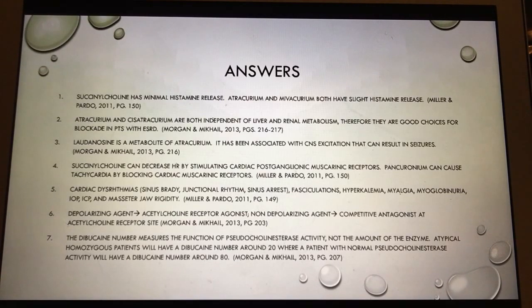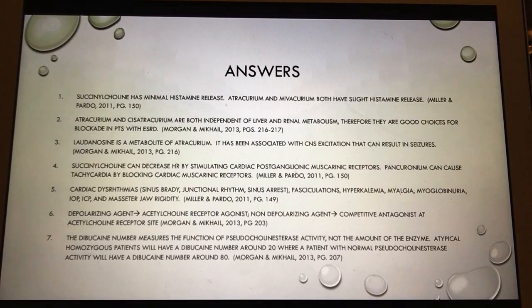Number 6, they just discuss the mechanism of action for these drugs. So depolarizing agents act as receptor agonists, whereas non-depolarizing agents act as competitive antagonists.